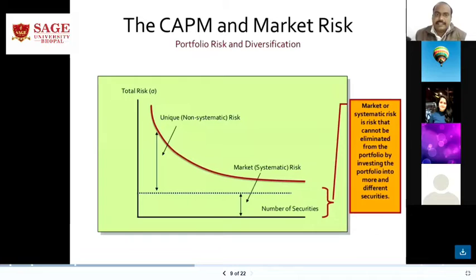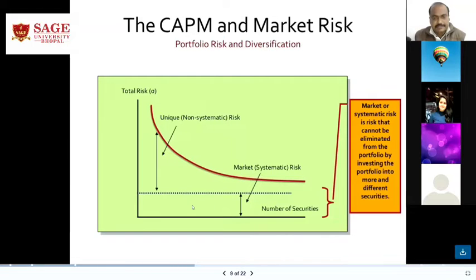And you can see here the portfolio risk, how we can diversify the risk. You can see here market systematic risk. Can you see my cursor? And this is unique or non-systematic risk, which is avoidable slightly, wherein I can reduce the gap here.